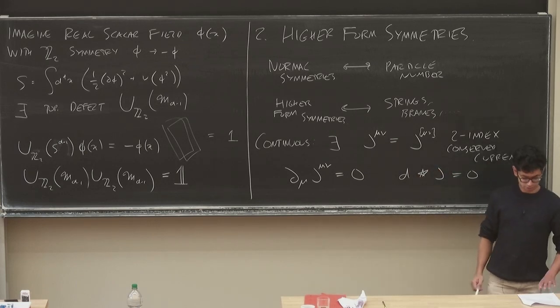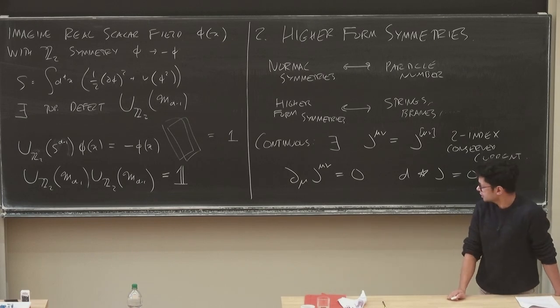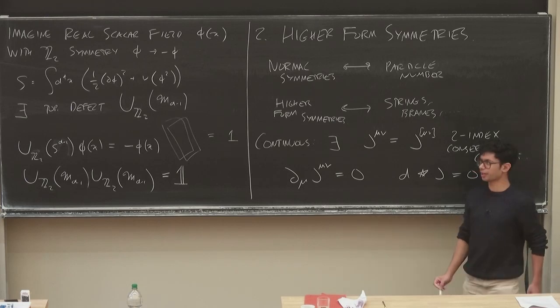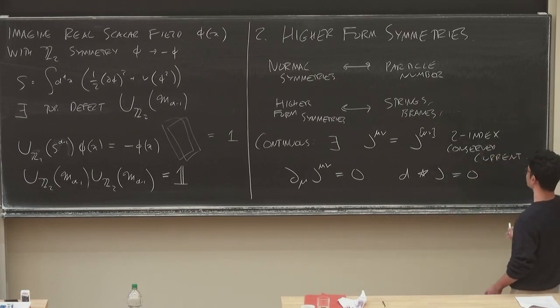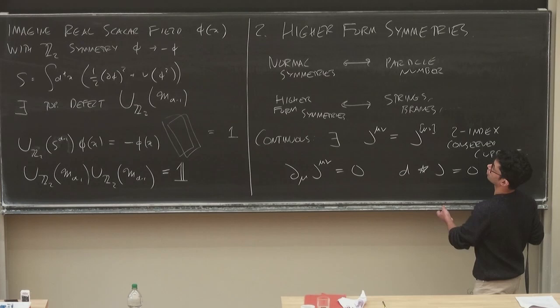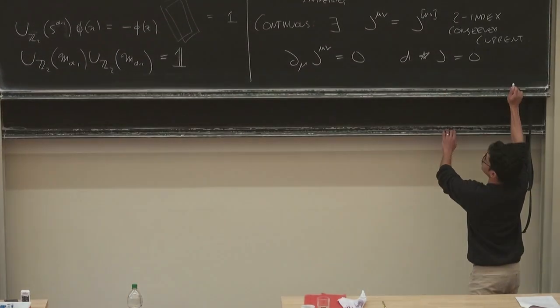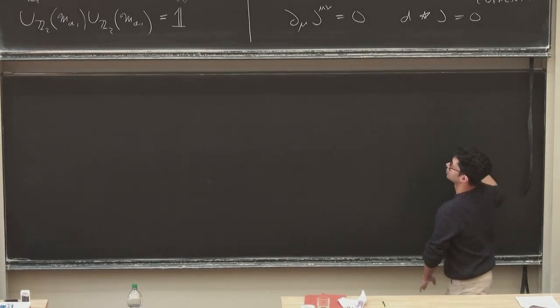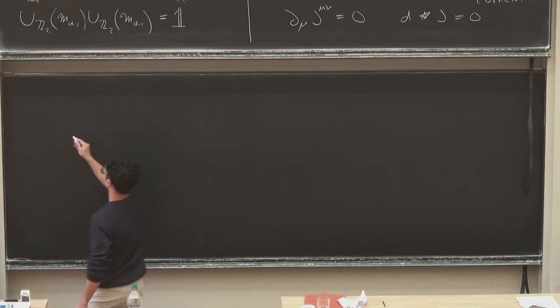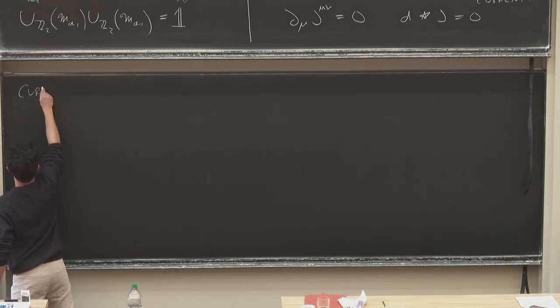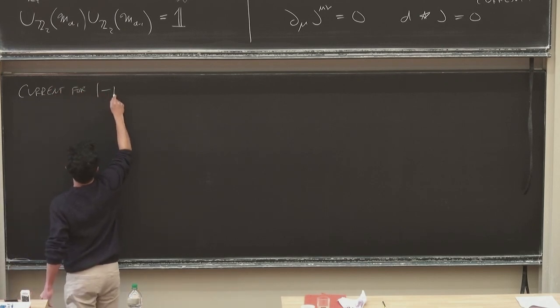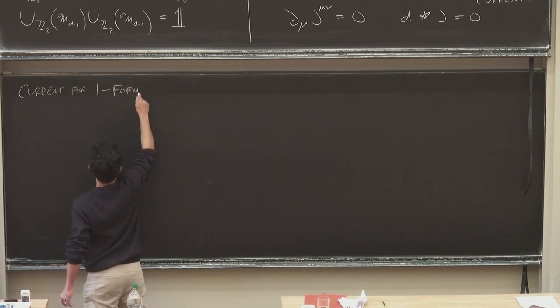So just as ordinary global symmetries count particles, this current counts strings. We say that this is the current for what's called a one-form global symmetry.